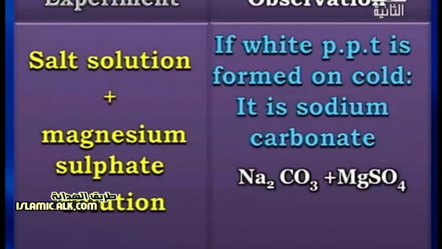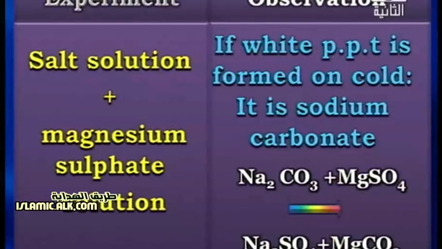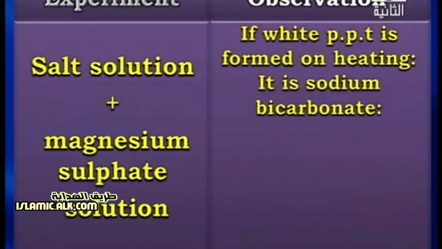As the equation shows, sodium carbonate plus magnesium sulfate gives sodium sulfate and magnesium carbonate, which is insoluble in water, giving a white precipitate in the cold. But if the white precipitate is formed after heating, it will be sodium bicarbonate.